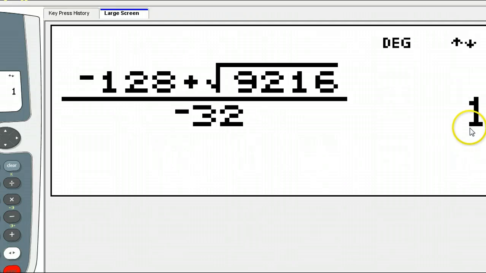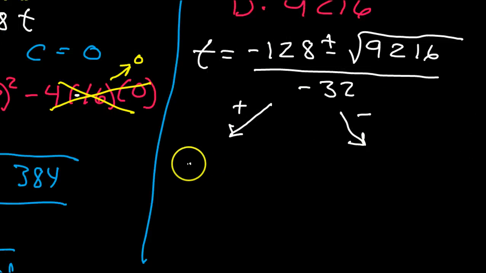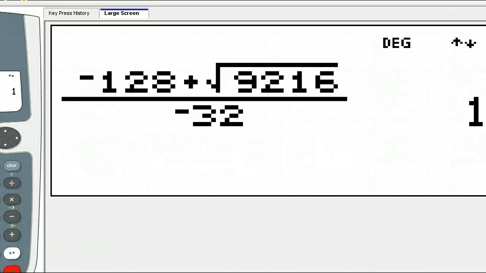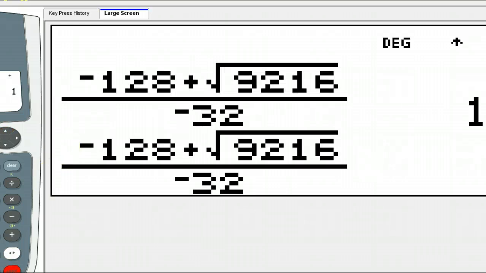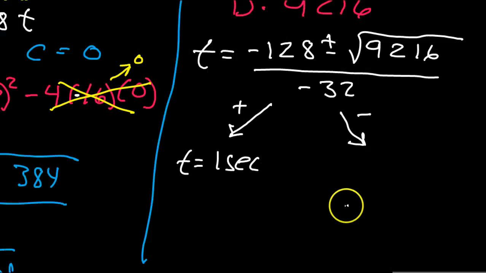Alright, that gives us 1 second. Okay, now let's do it again with the minus version. Just go back, highlight it, hit enter, and now we can just change the plus to a minus real quick. 7 seconds.